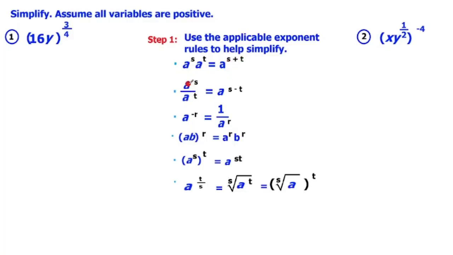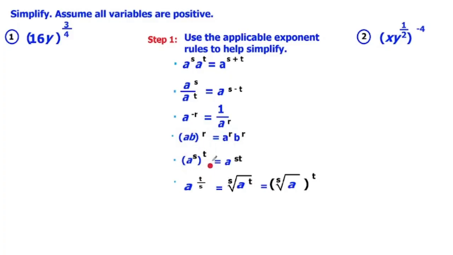When we have a base divided with different exponents, we subtract the exponents. If we have a variable with a negative exponent, it becomes part of the denominator and the exponent becomes positive. When we have two variables with an exponent outside of brackets, that means we multiply each variable by the exponent.